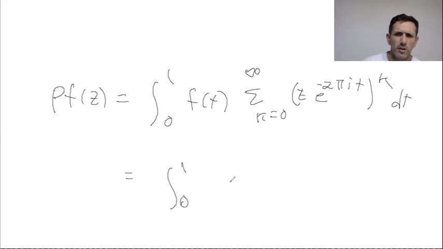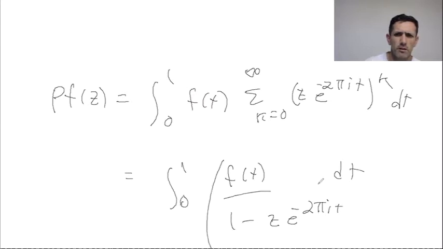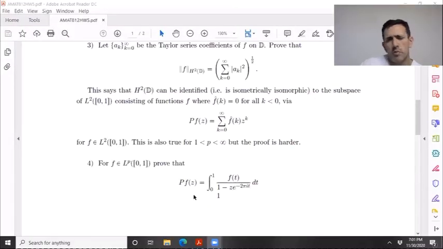So this is the integral of f of t over 1 minus z e to the minus 2 pi i t dt, which is exactly what the problem has.